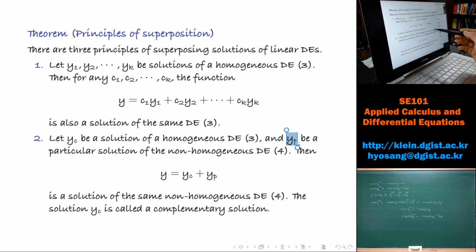So the y_p, a particular solution we start from, is different from the one that we obtained from this theorem, called y_c plus y_p, in the sense that y_p is a particular solution and y here is a general solution. Our goal is to find a general solution to a non-homogeneous differential equation, and if the initial conditions are given, then we are going to find a particular solution from this general solution y. Okay?